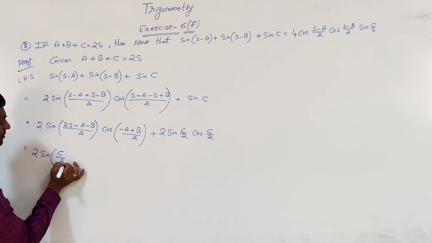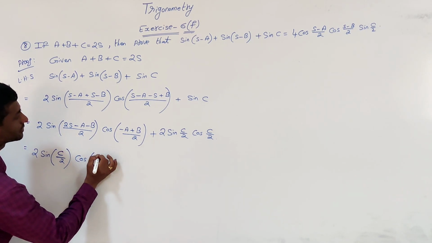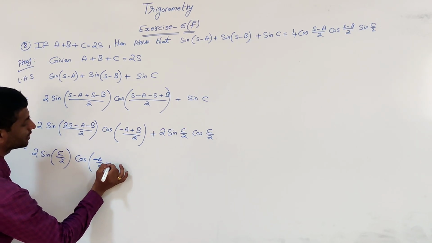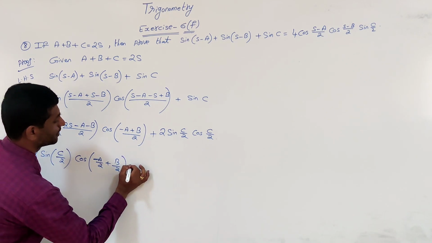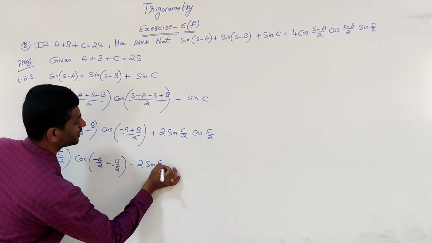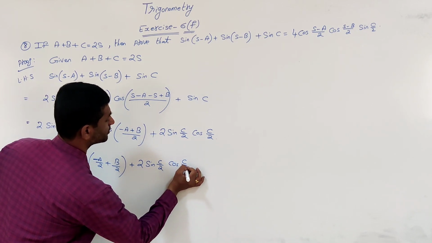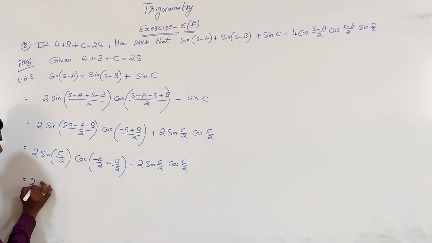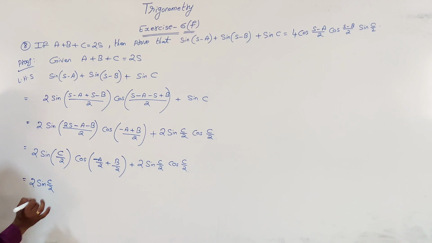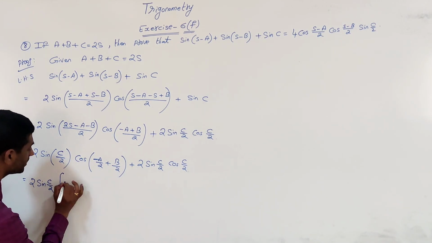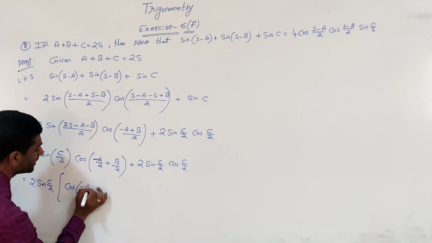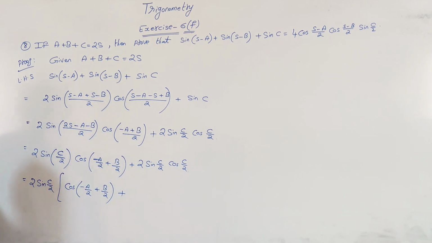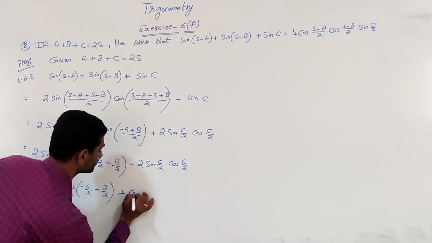So sin c/2 cos of (minus a/2 plus b/2) plus 2 sin c/2 cos c/2. From these two we can take 2 sin c/2 as common, then cos of (minus a/2 plus b/2) plus, again what is common, cos c/2.